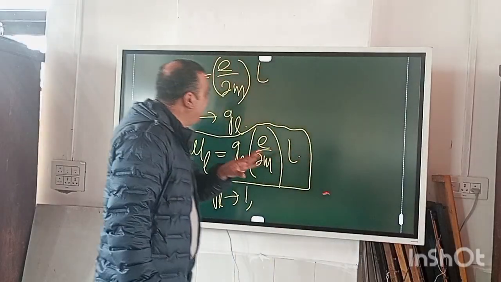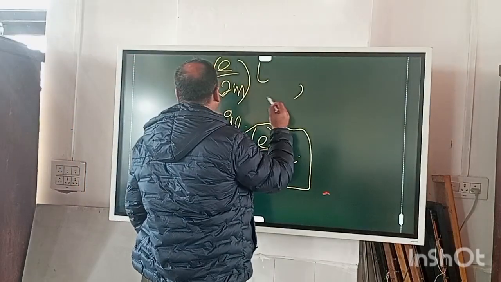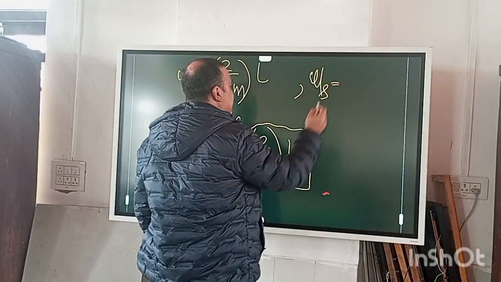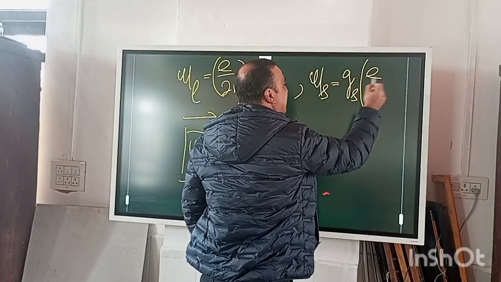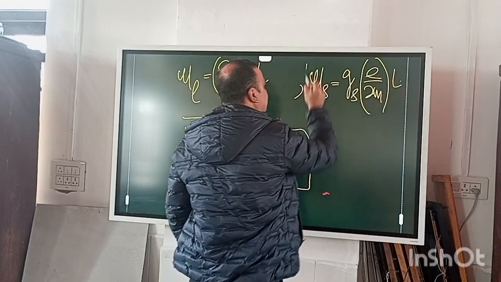We will achieve the same result, but what will be different is that μs is gs times e by 2m times L.